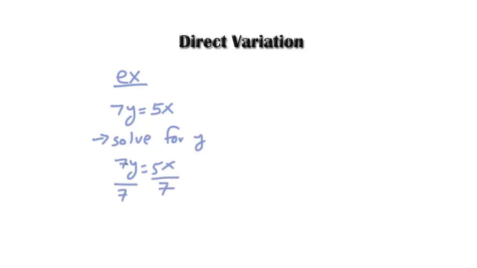Now I'm left with y, because this 7 and this 7 cancel. So y is equal to 5 over 7 x. You can write it like that. And this is in the form of y equals kx. So this is a direct variation equation.